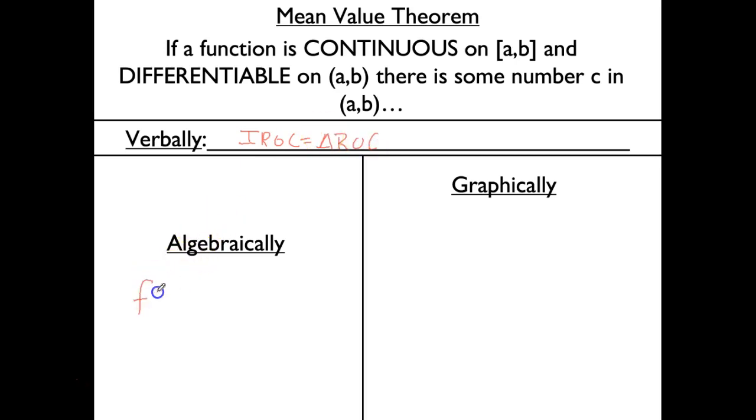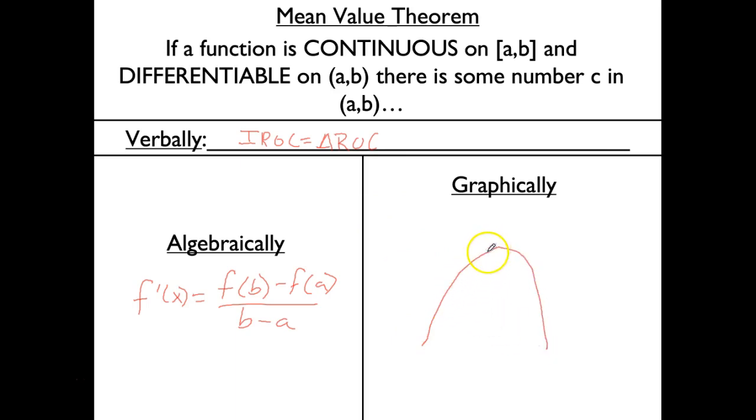Algebraically, that means that the instantaneous rate of change, which means derivative, right? That's the definition of instantaneous rate of change, is equal to the average rate of change, which is f of b minus f of a all over b minus a, which is also the definition of an average rate of change, right? Now, graphically, we spoke about what that means yesterday.